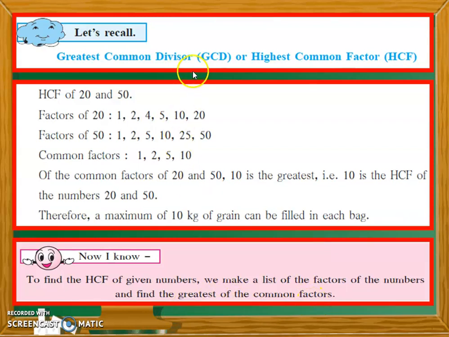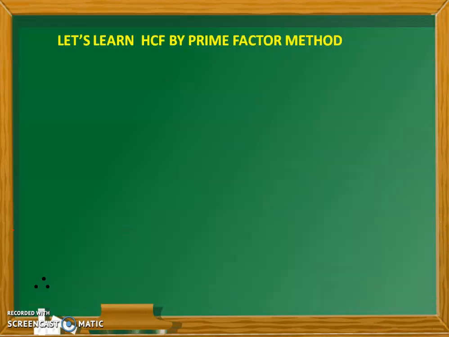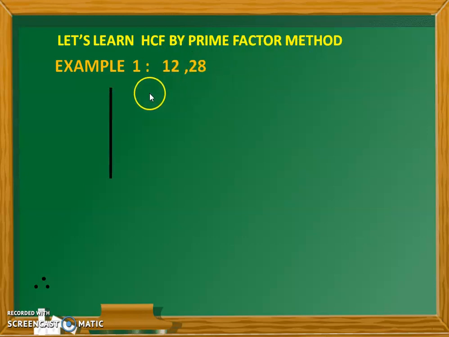Now the same HCF we are going to find here, but with a different method, where we are going to use the prime factorization method. So let's learn HCF by the prime factor method. Let's take an example. Here I have two numbers, 12 and 28. To find the factors, I am going to follow the same procedure that I did for practice set 11.